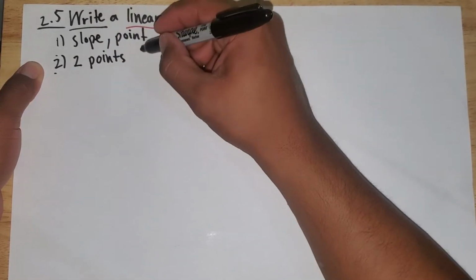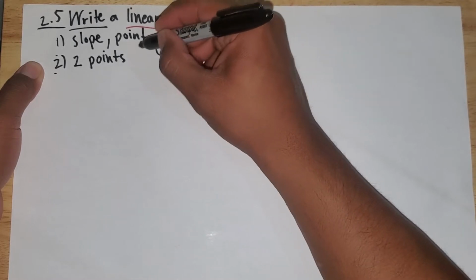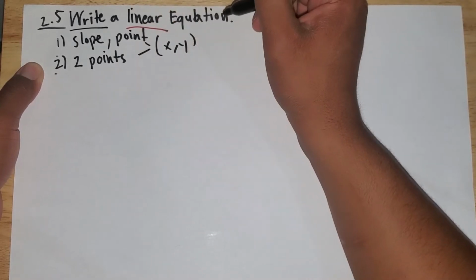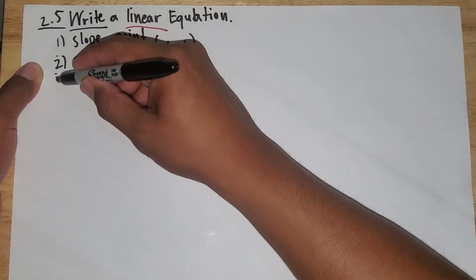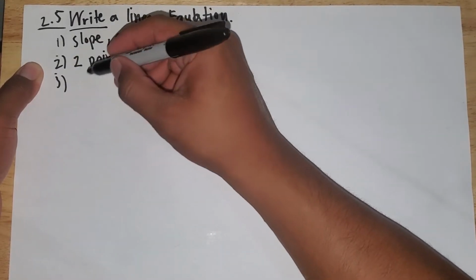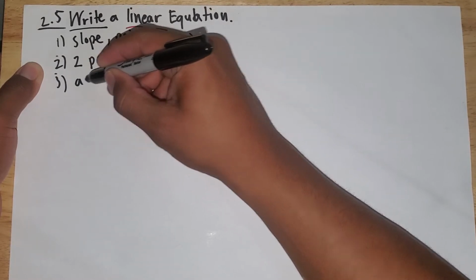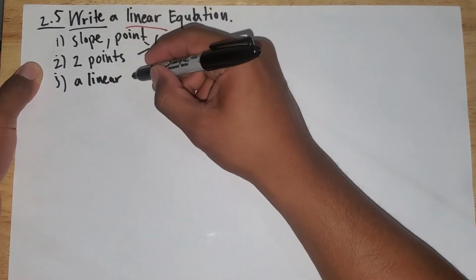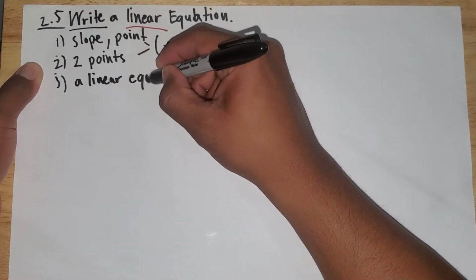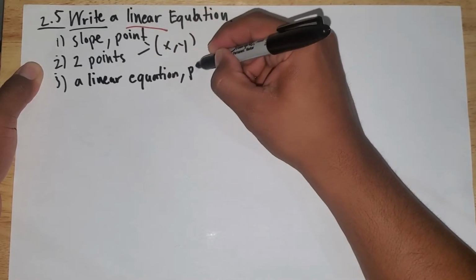And remember, what I mean by point is x comma y. That's what I mean by point. Ordered pair, so on and so forth. And the third thing is you are given a linear equation and a point.